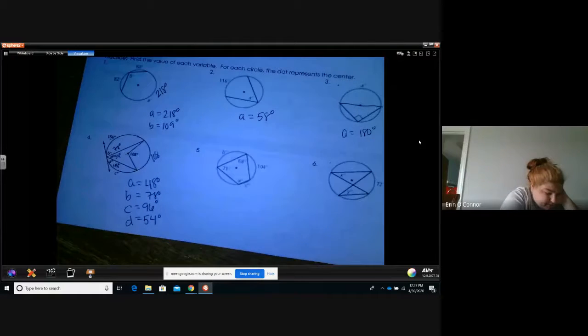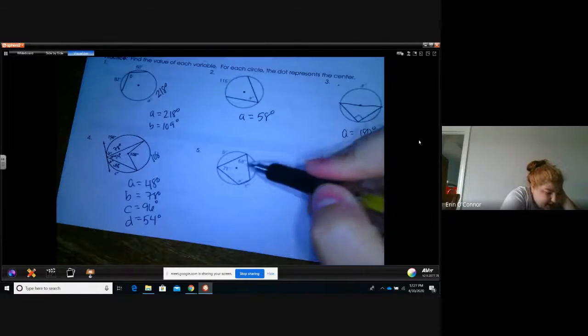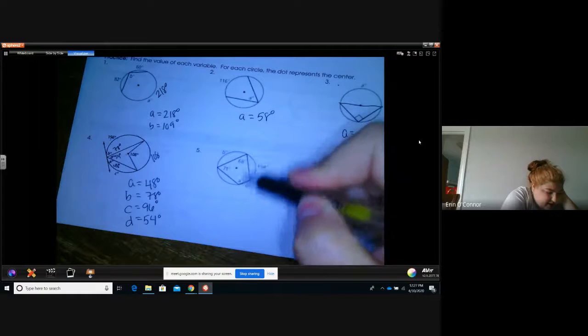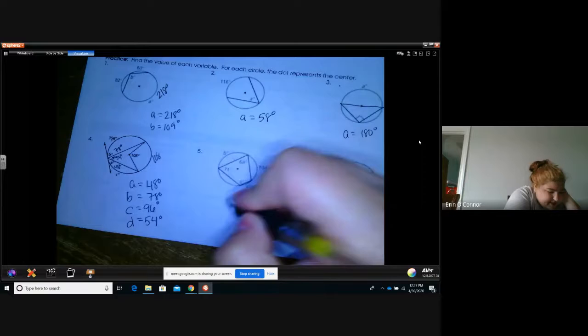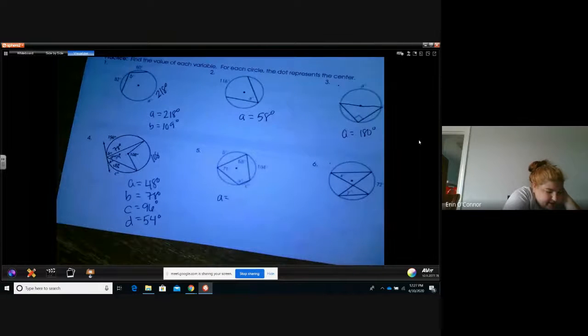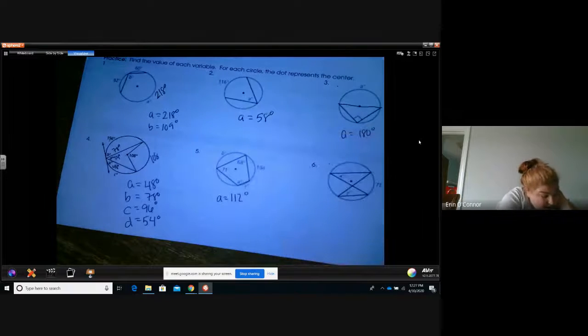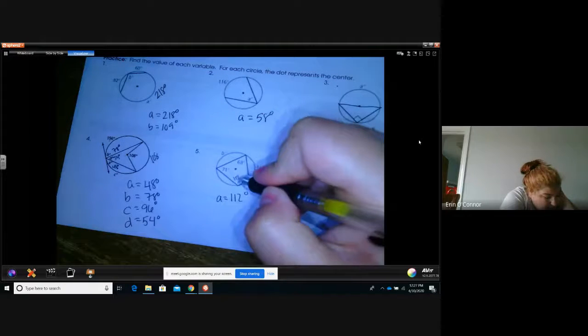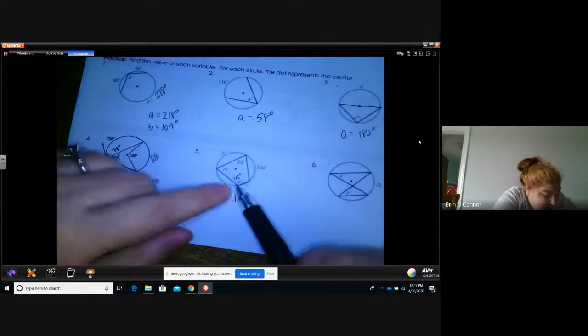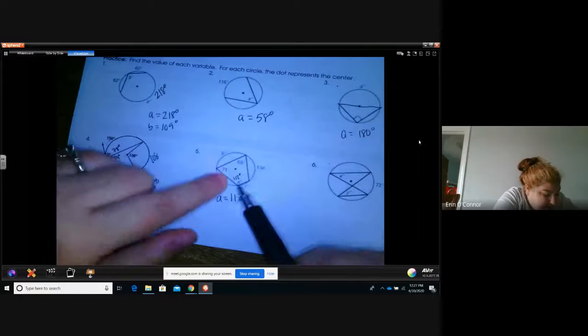Okay. For number 5, all right, these two have to add up to 180. So 180 minus 68 is going to give us 112. So I know that A is 112. These two together have to be double 112.